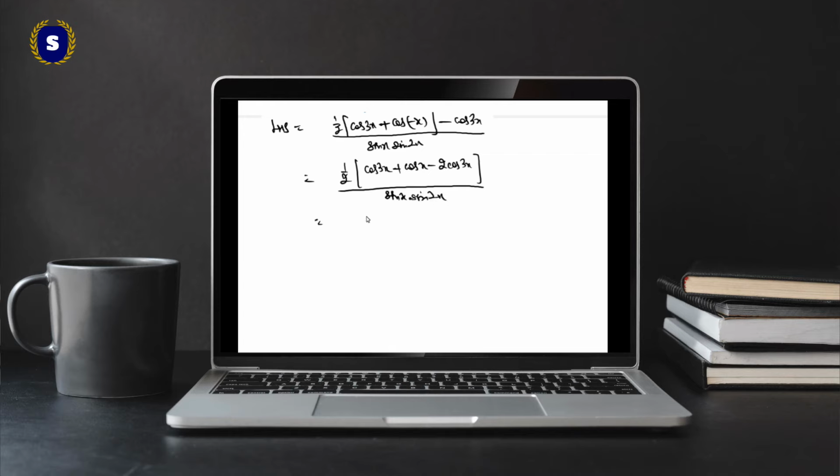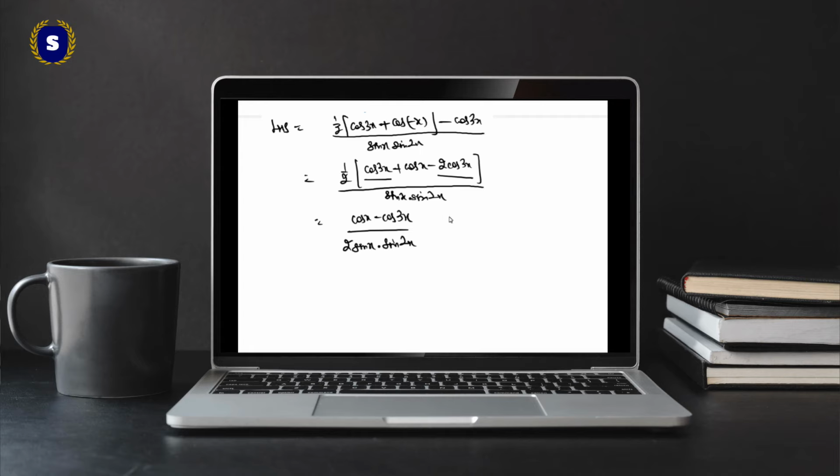This will be forming cos x minus cos 3x. One positive cos x, cos 3x, 2 negative cos 3x. So it will be forming minus cos 3x upon 2 sin x into sin 2x. Again, using the identity, which identity?